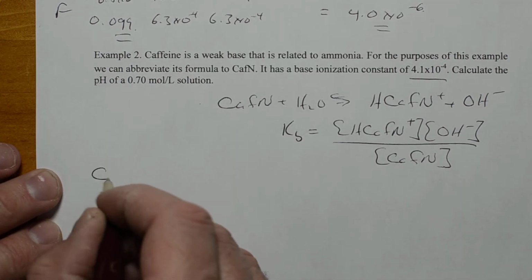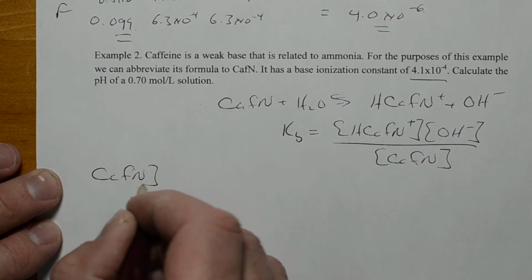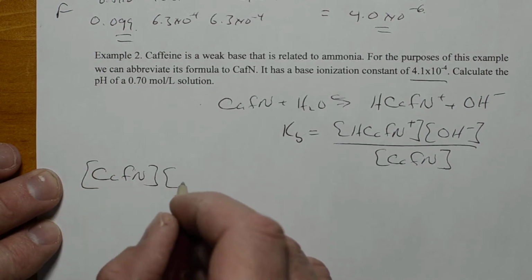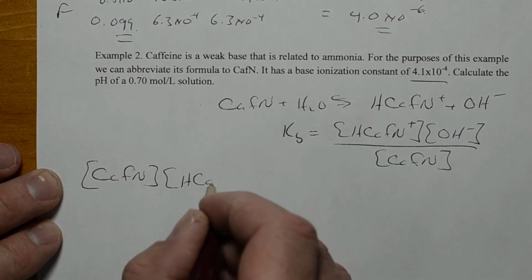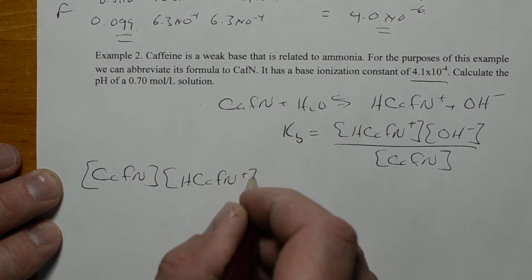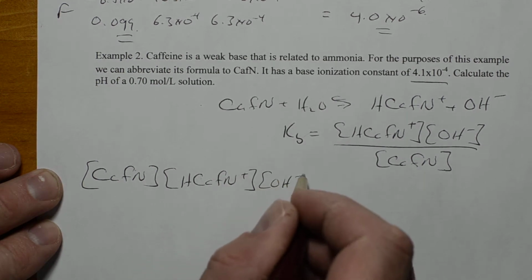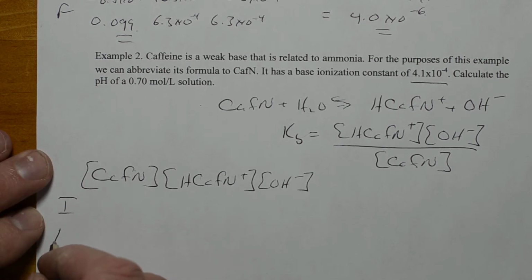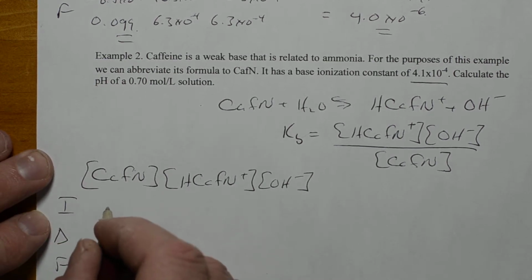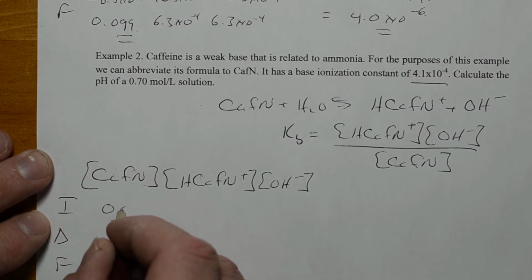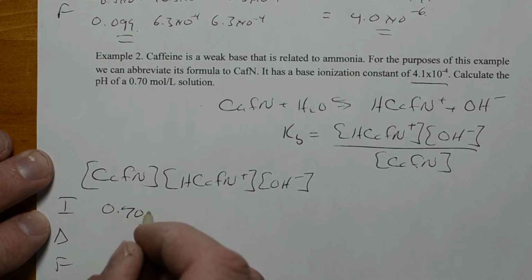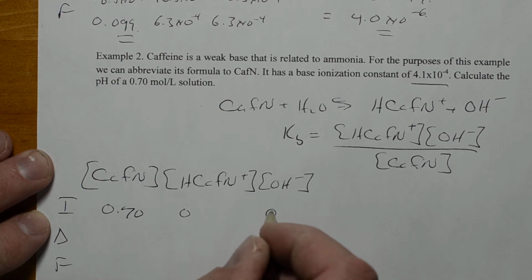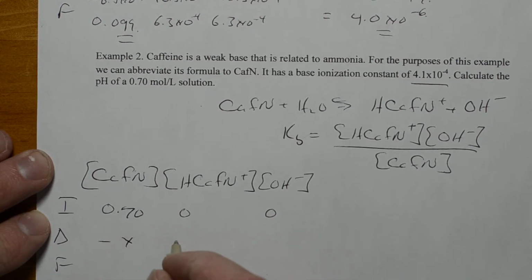A table: initial, change, final, 0.7, 0, 0. Again, this time we have to use x's, unknowns.